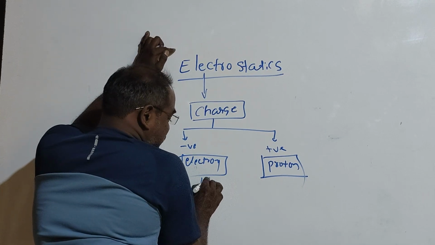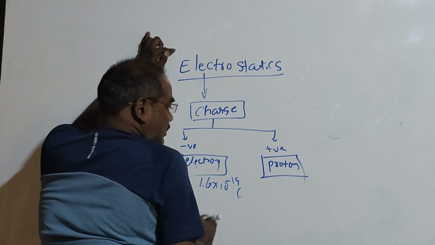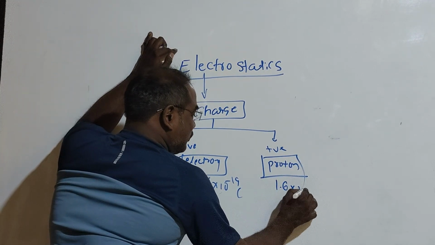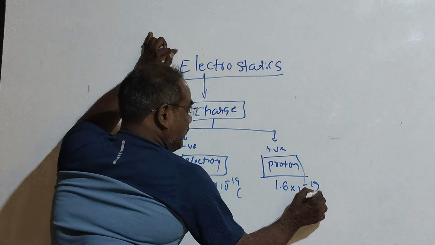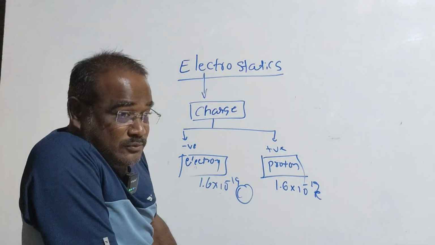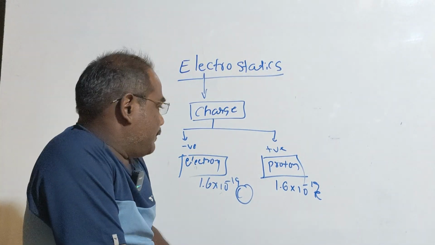The charge of electron is 1.6 into 10 power minus 19 coulomb. The charge of proton is also 1.6 into 10 power minus 19 coulomb. Coulomb is the SI unit of charge. What is 1 coulomb? We will discuss that definition in Coulomb's law.